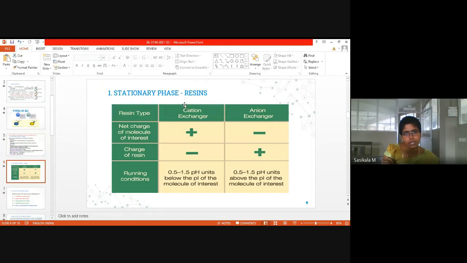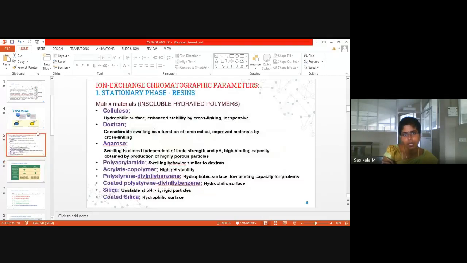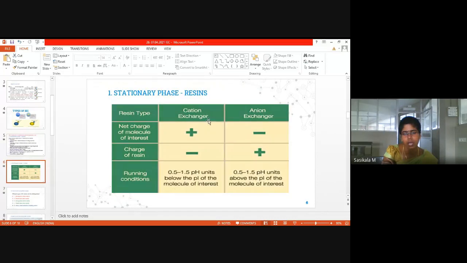And next about the resins of two types, cation exchanger and anion exchanger, and these resins will be coated with buffer to carry either positive charge or negative charge. According to cation exchanger, means cation exchange chromatography and anion exchange chromatography. Here is the charge of a molecule. If the molecule is cation, we have to use cation exchanger.